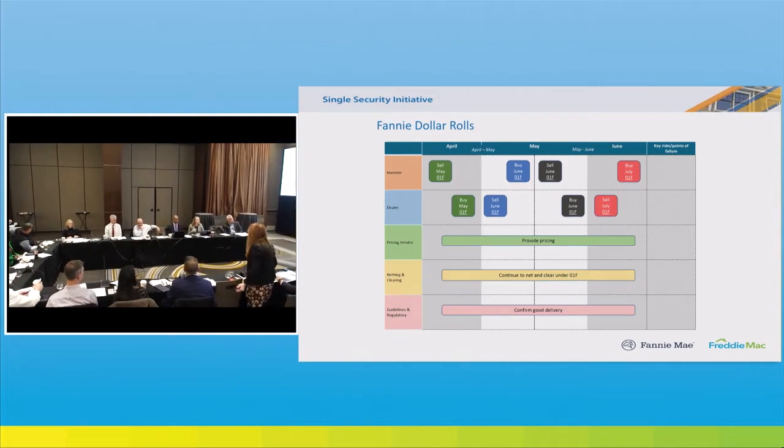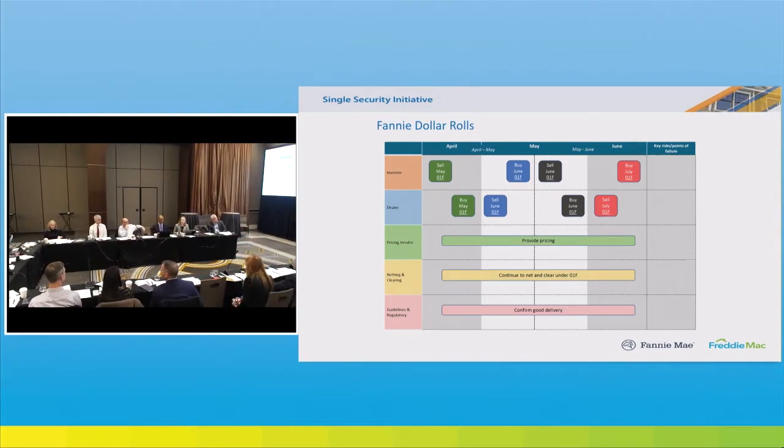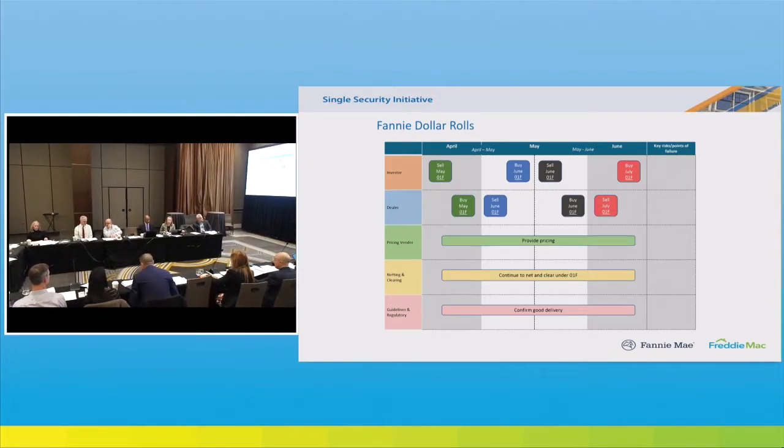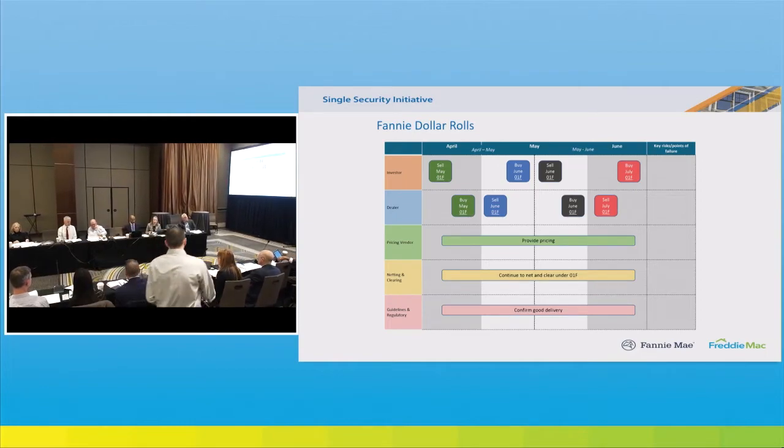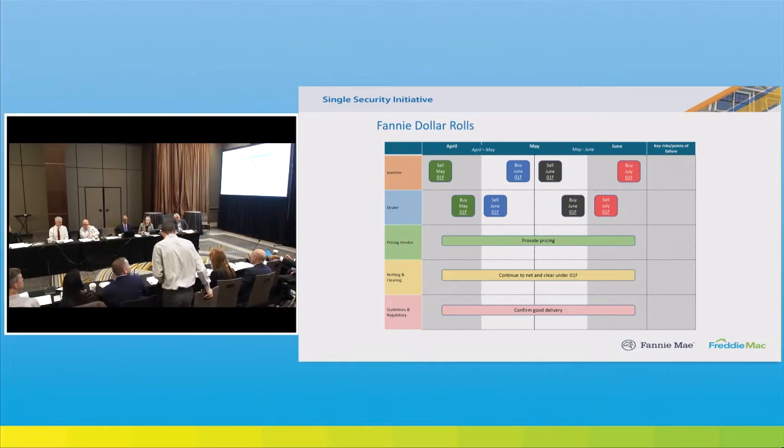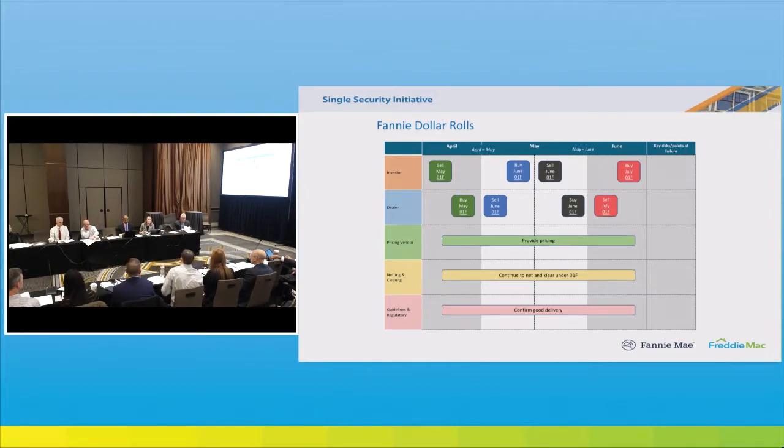Just to think about the different vendor roles, data and analytics is Bloomberg. So for the Fannie security, and Bloomberg jump in if I misstate anything, because everything is remaining consistent as we roll into June, from a Bloomberg perspective the prefixes are all following the Fannie paradigm.